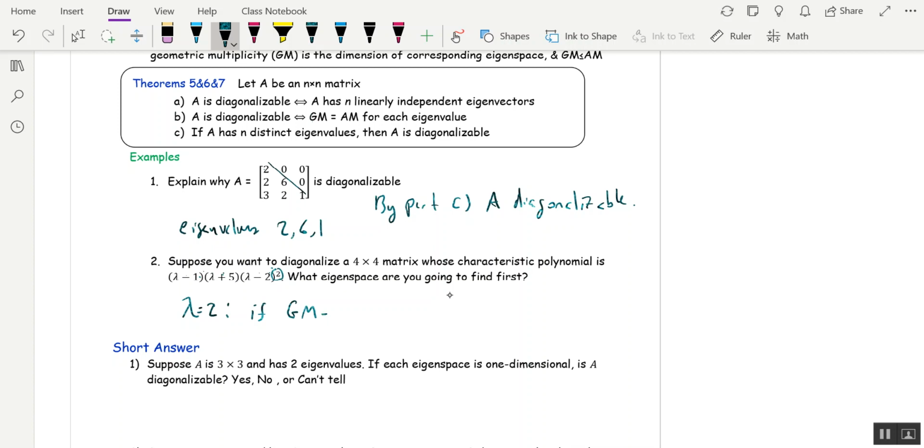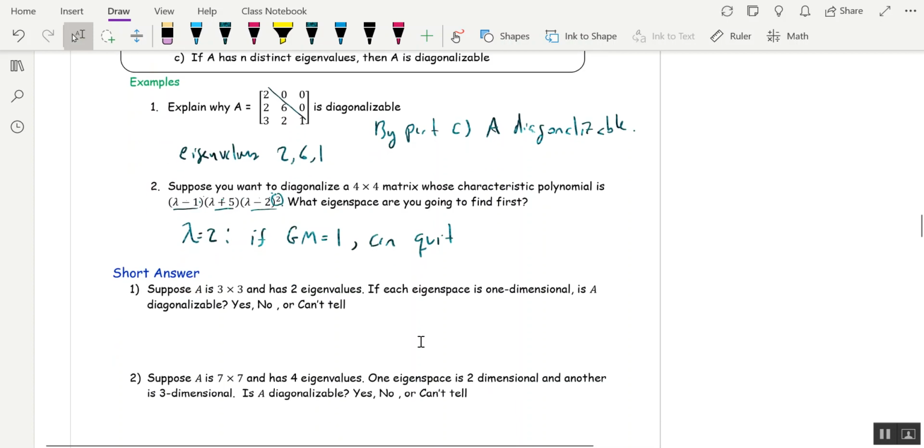If the GM is 1, you can quit, because the GM would be less than the AM and A would not be diagonalizable. The reason you want to do that first is if you're going to quit, you want to quit right away. You don't want to do all the work for this, all the work for this, then get to this one and realize A wasn't diagonalizable. Hope that makes sense.